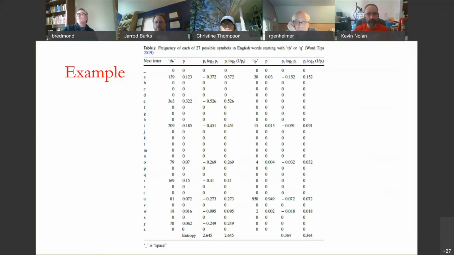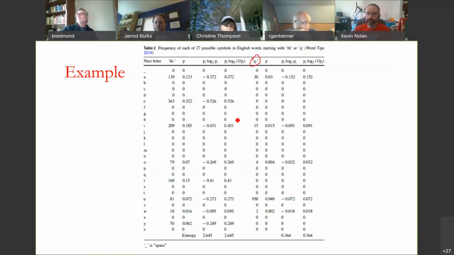And to go to the other extreme, if you take the letter Q at the beginning of a normal English word, what's the most likely letter to follow?